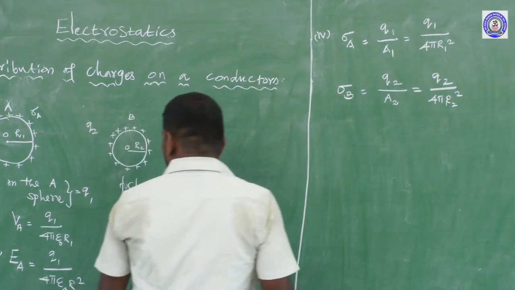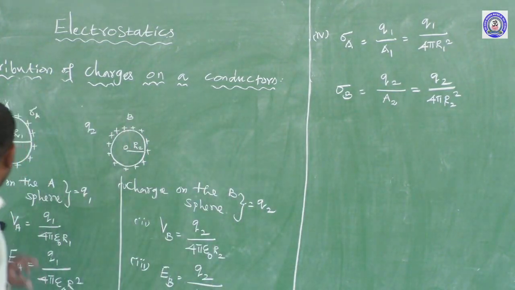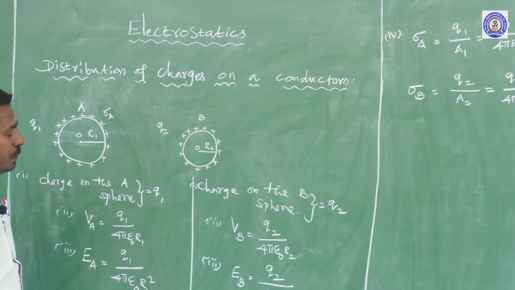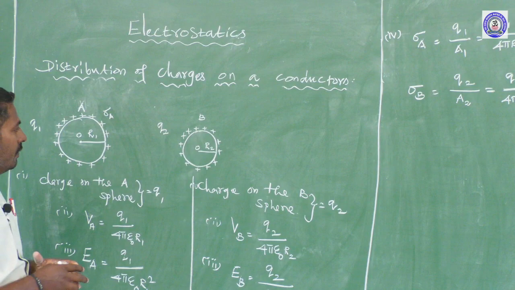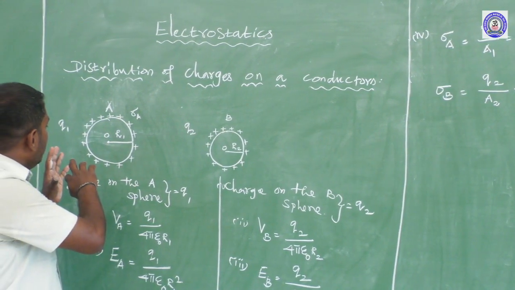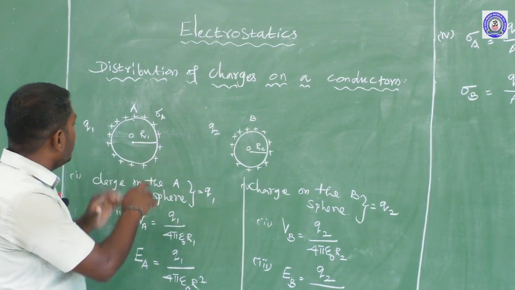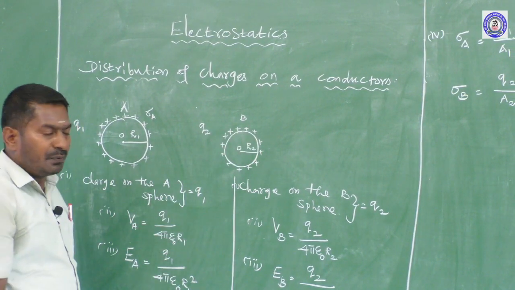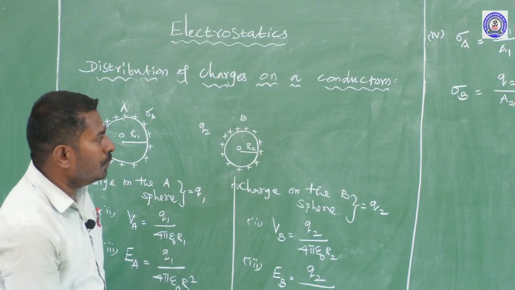Then we compare the charges on both the metallic spheres. How can we compare? We compare the charge uniformly distributed on the first sphere with the charge uniformly distributed on the surface of the B sphere. We take the ratio.